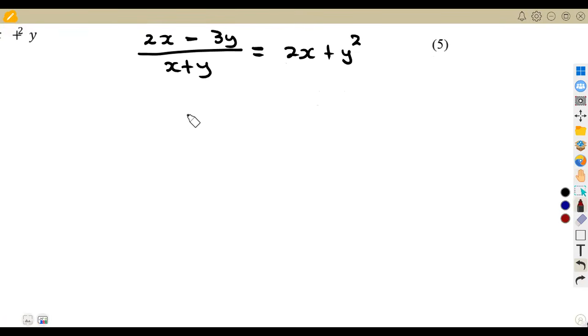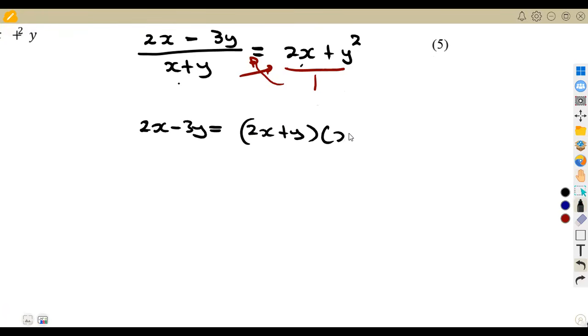In this case, we can see that it's difficult for us to differentiate directly. So instead, we can just cross multiply and expand our brackets. On this side, we are going to remain with 2x minus 3y, which is equal to, we multiply these two, so we are going to have 2x plus y multiplying x plus y.